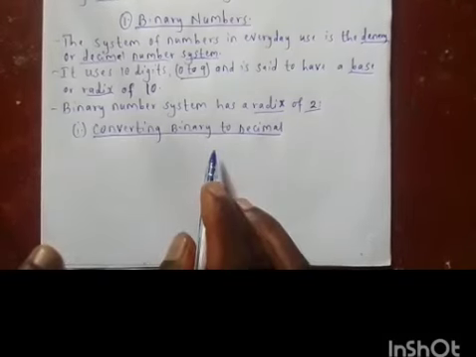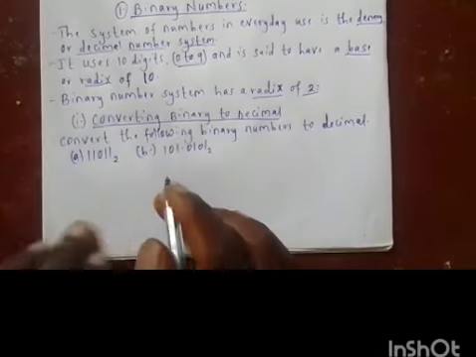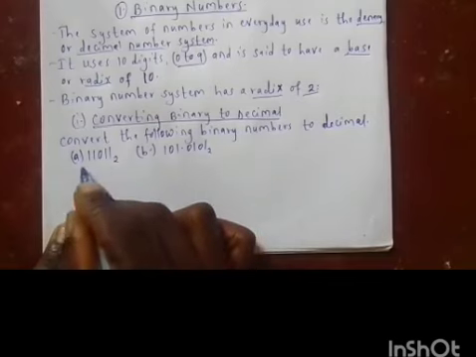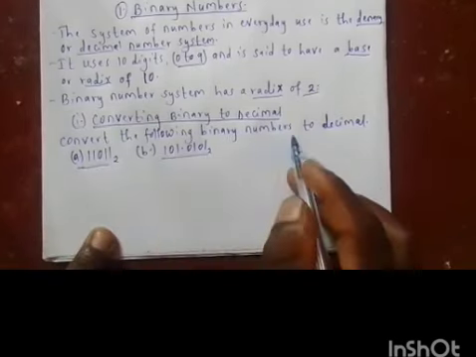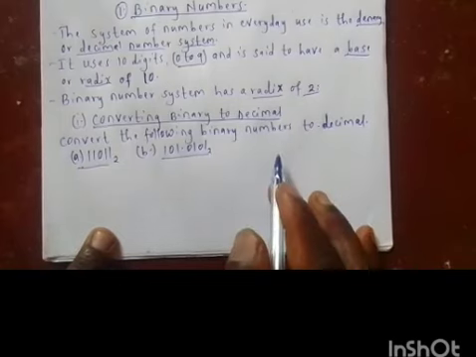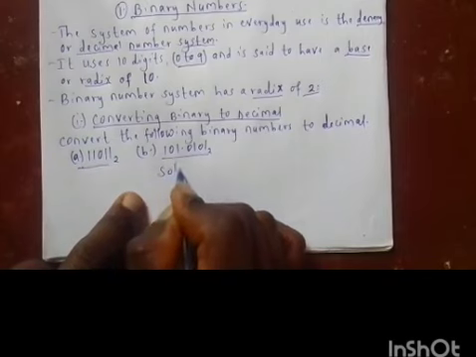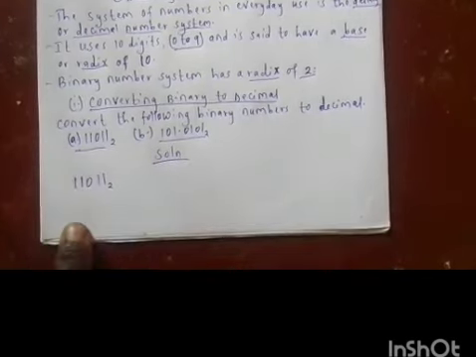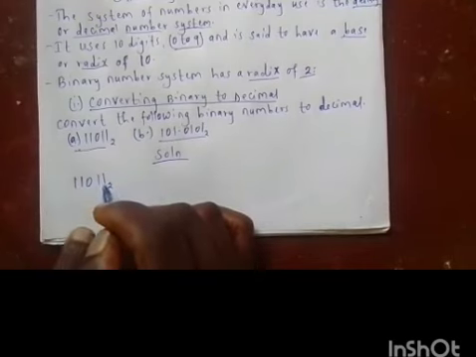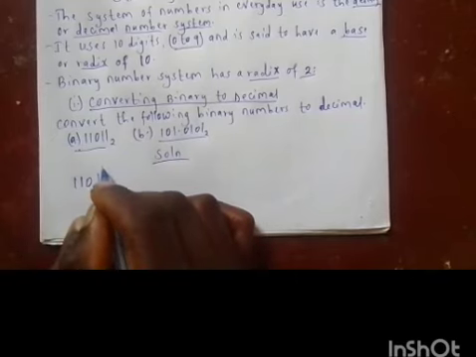So let's say you are given these two numbers and you are told to convert them from binary to decimal. Let us look at the first number. The first thing, you start counting from the right side to the left, starting from 0.